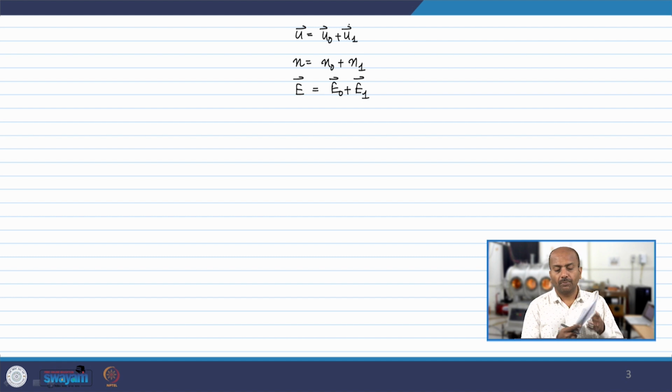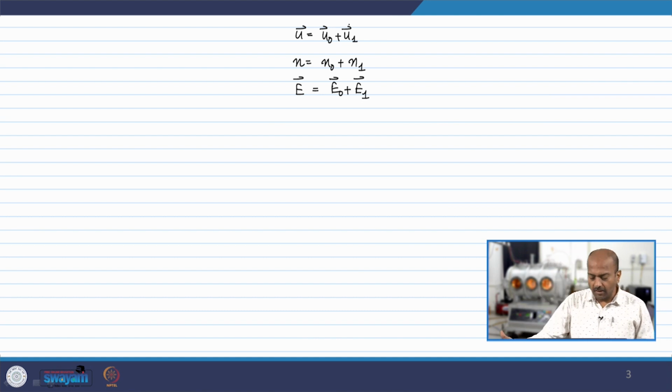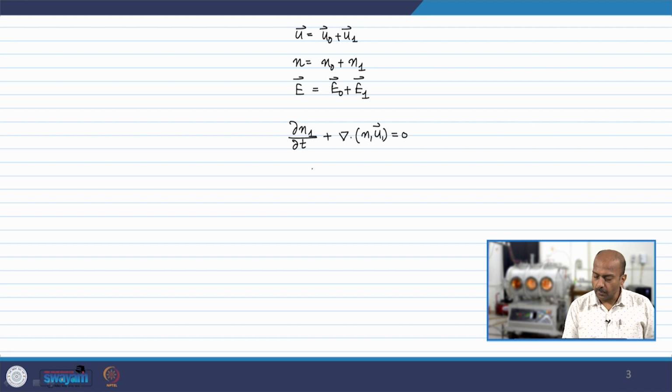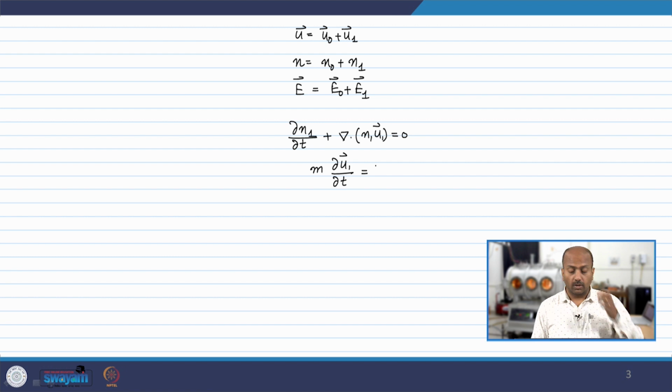Now, the task is simple. We can use these in equations 1, 2, 3 and 4 and write down the linearized equations. Since we have done this earlier also, I am going to write the linearized equations directly: ∂n₁/∂t + ∇·(n₀u₁) = 0, or m ∂u₁/∂t.